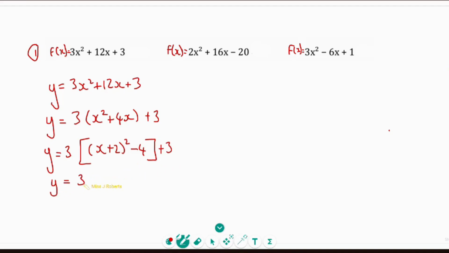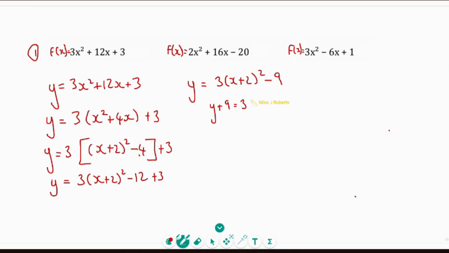Right, now we need to expand the big brackets. This times is minus 4 by 3. And we've got that plus 3 at the end. Just going to continue up here. And minus 12 plus 3 is negative 9. Now we're going to add 9 to both sides. I'm going to divide by 3.